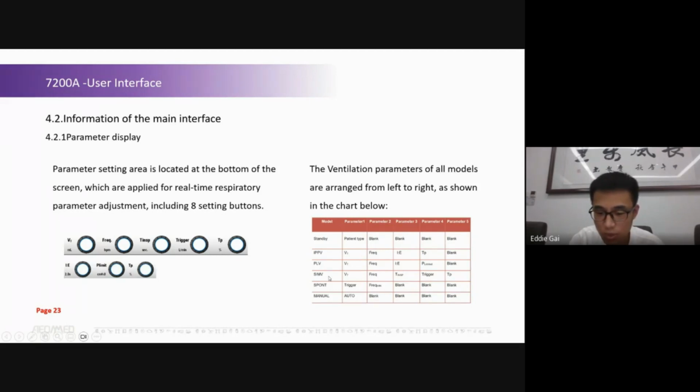And the other modes, such as PLV, the main parameter is the P-limited. You set this value, and the machine will control to achieve the tidal volume under this P-limited pressure.